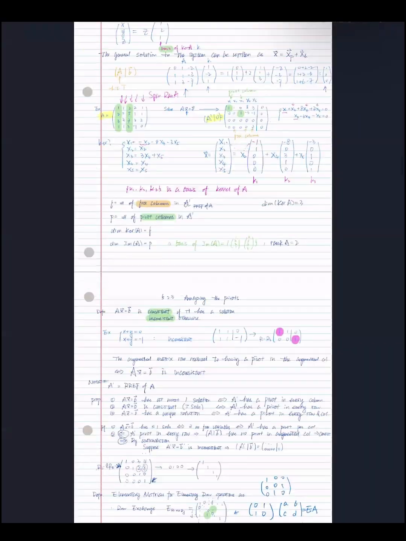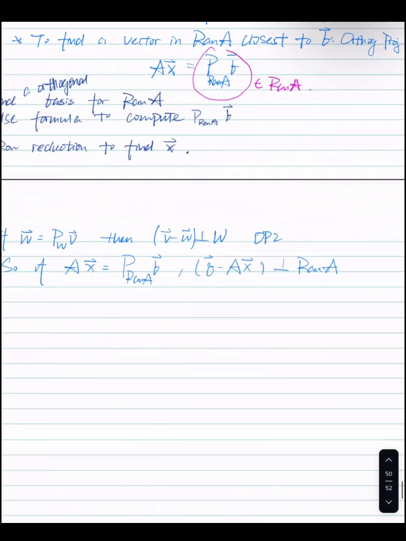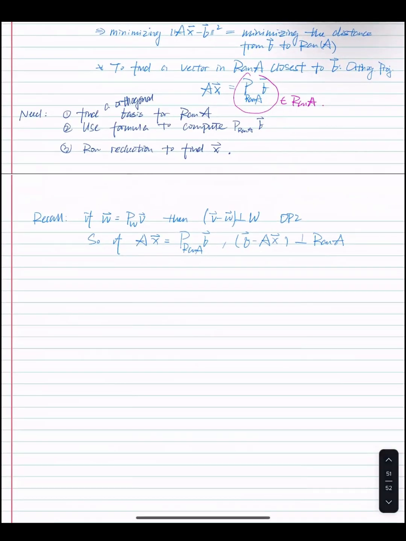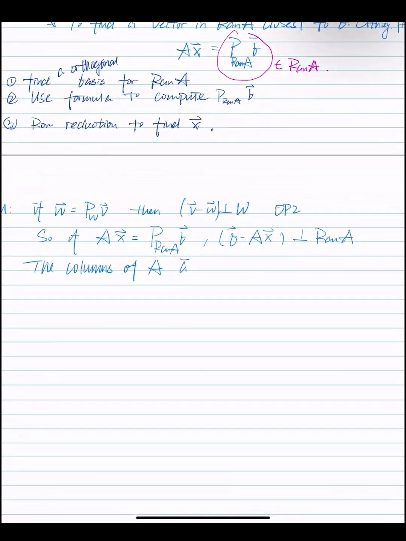Okay, so back to our page. The columns of A, let's say we call them A1 through An because we have n columns.